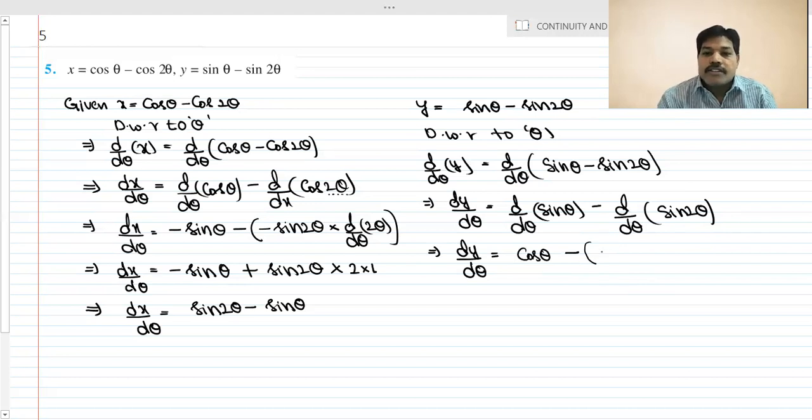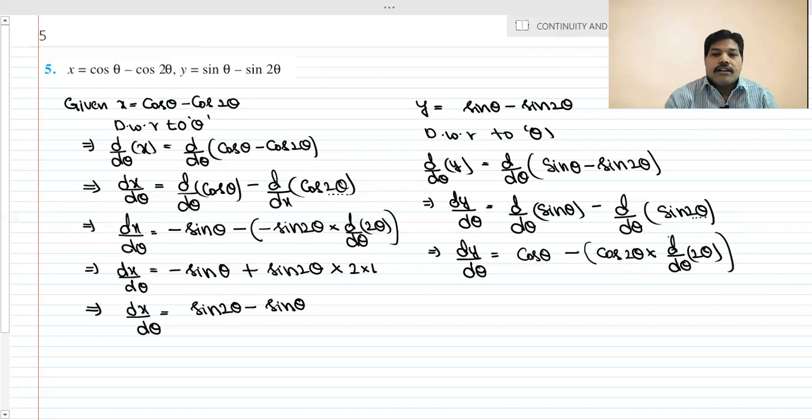So automatically, the derivative of sine 2 theta is cos 2 theta into the derivative of 2 theta. You understand that? In sine f of x, 2 theta is f of x. So the derivative is cos f of x into f dash of x, so you have to take the derivative of 2 theta.